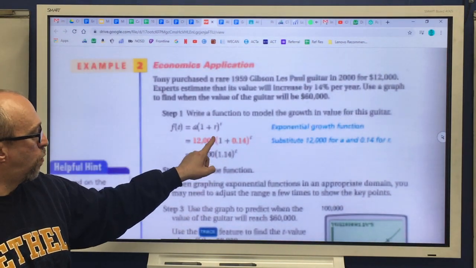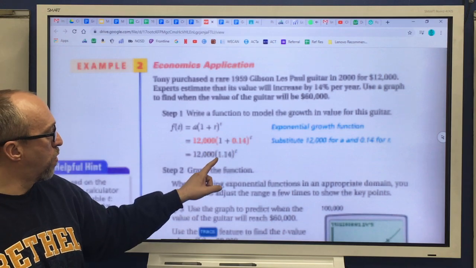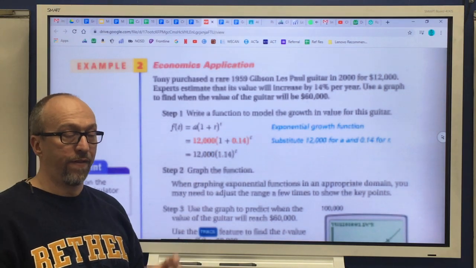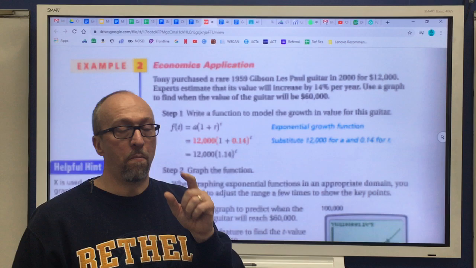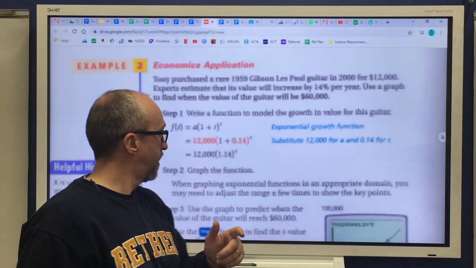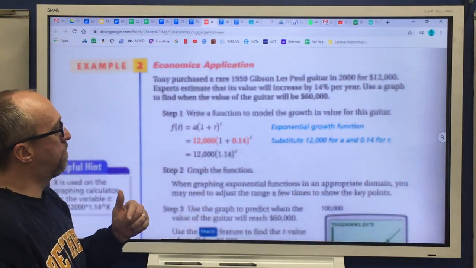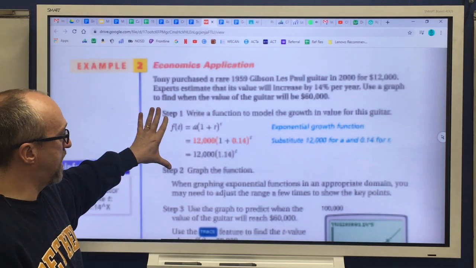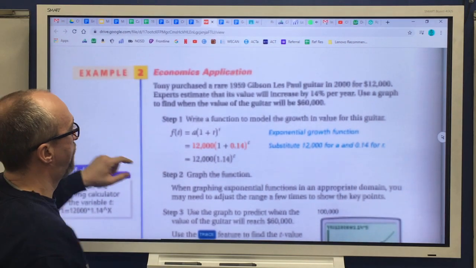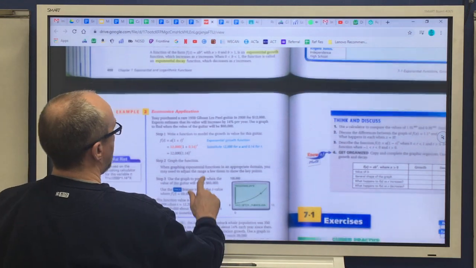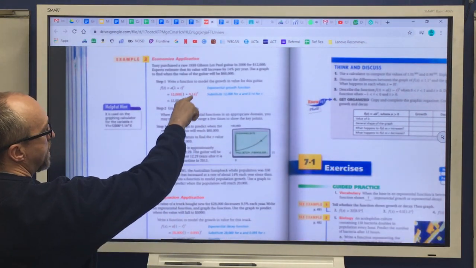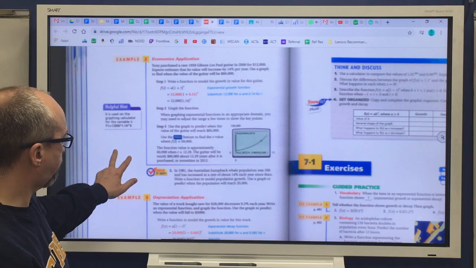This thing, the 1 plus 0.14 or the 1.14, that is the multiplier. You'll see that term more and more often. That is the base, the base of this thing taken to an exponent.